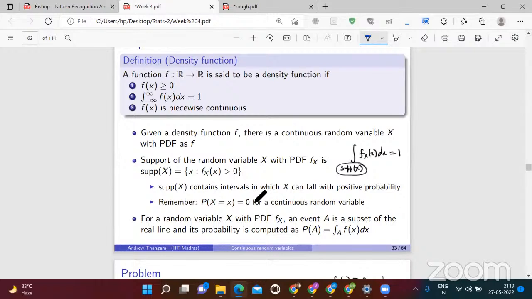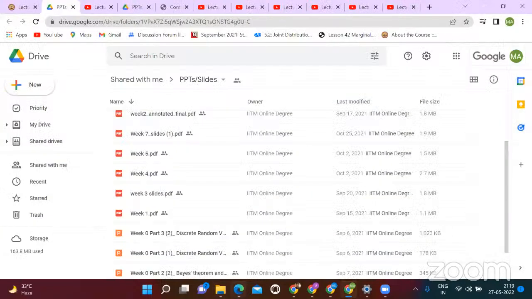It is simply the range, but you have to exclude those points where the probability value is 0. For example, if somebody has defined outcomes from 0 to 1, and for 0 the probability value is 0, then you just exclude the 0. The support of X will be 0 to 1, excluding 0. I'll write it to clarify.